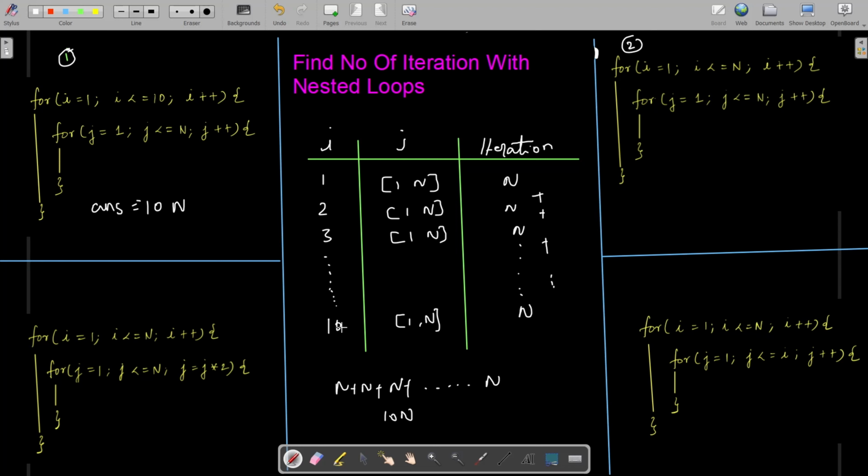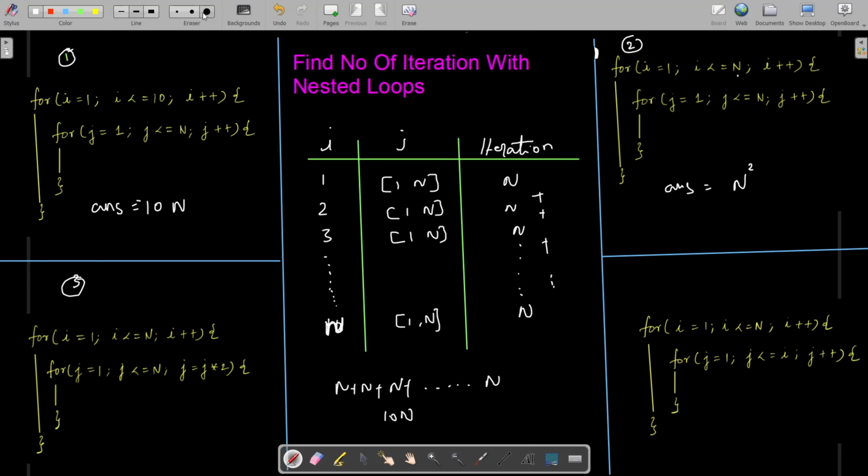It will move on n times, not 10 times. So how can we add? You need to add n, n times. It's simply n into n, n square, right? The number of iterations is n square. Got it?